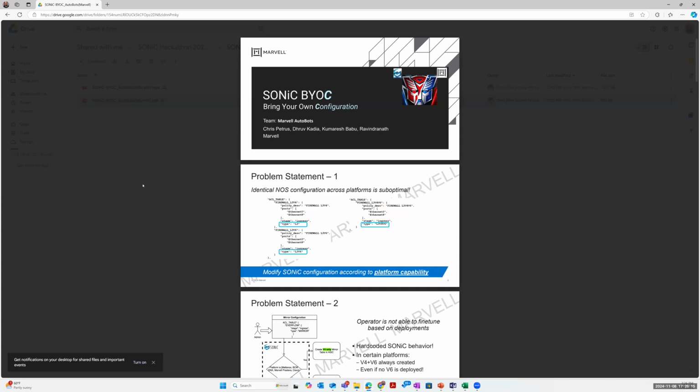This is something we see in practice with customers, because it doesn't use the internal hardware resources optimally, and they have to do a lot of changes. So this is the main goal we are trying to solve. The user can have something common, and internally the tool can be another layer of SONiC that hides all these differences from the user.